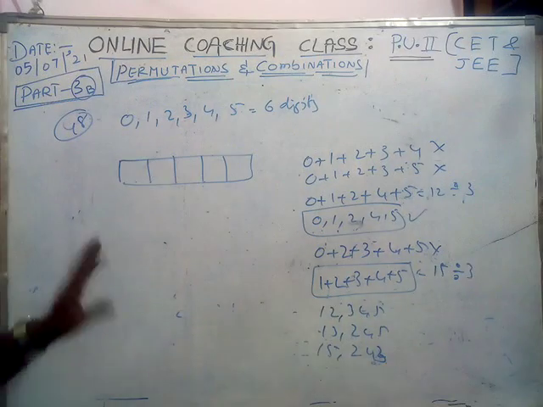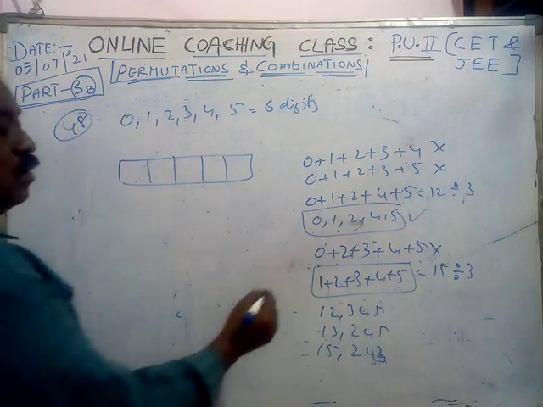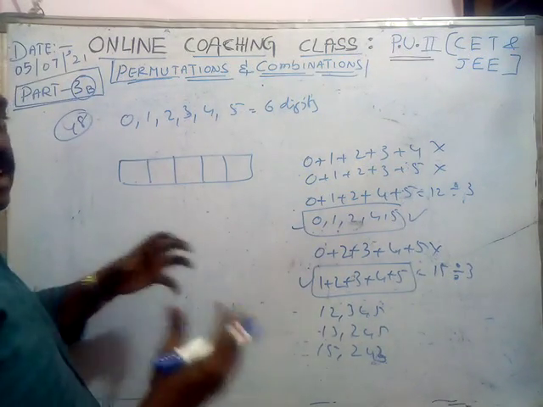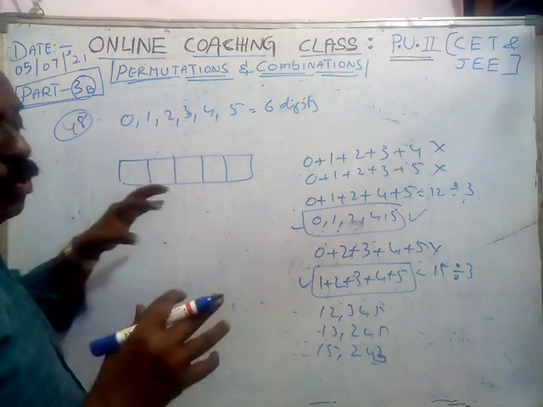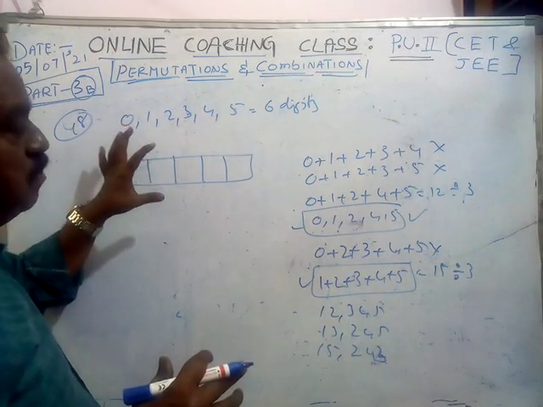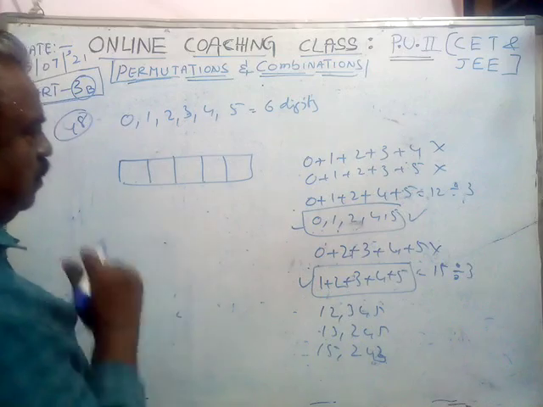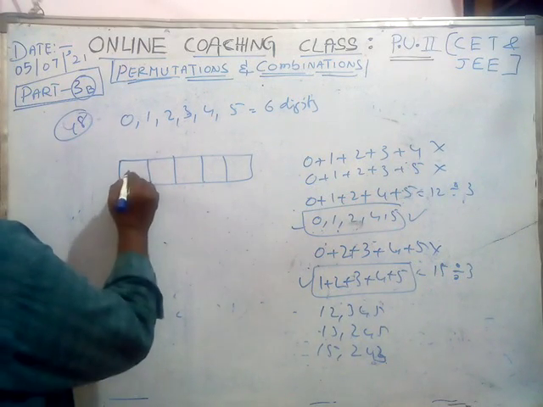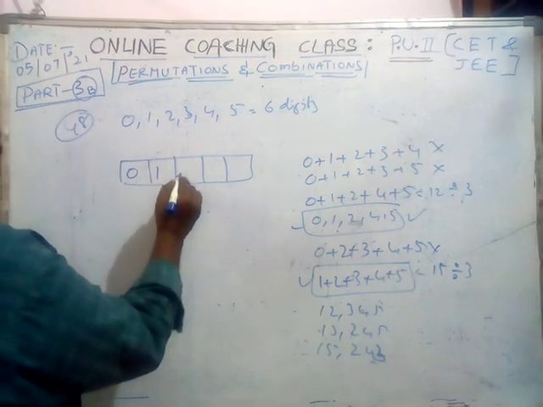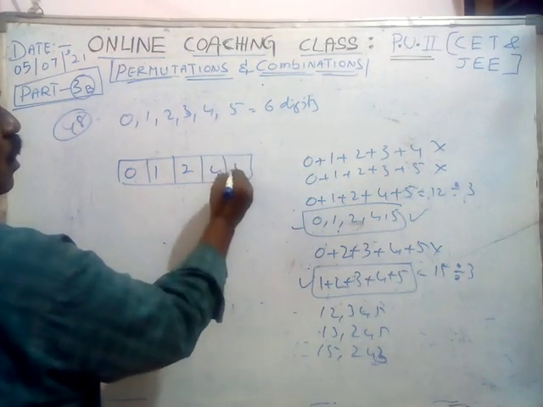Okay, now you see, here two types of sets of numbers are there. With those digits, the 5-digit numbers can be divided by 3. First, I want to take 0, 1, 2, 4 and 5.